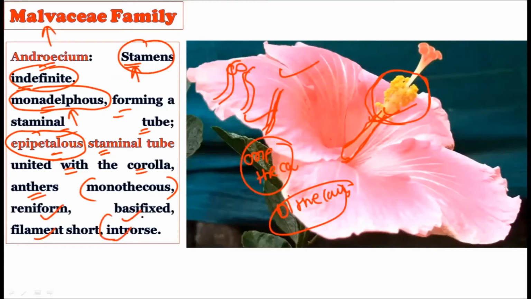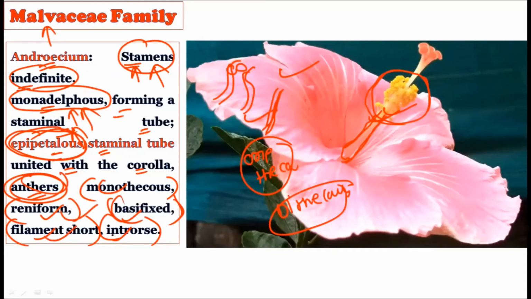So how is the androecium? The androecium is indefinite, right? And monoadelphous in nature. The staminal tube is formed, and the epipetalous condition can be seen. Anthers are monothecous, reniform, basifixed, the filaments are very short, and they are introrse in nature. Okay, so this is how the androecium is in the Malvaceae family.